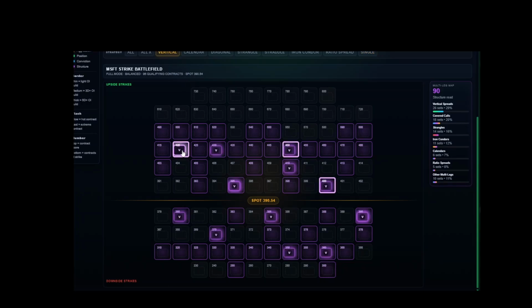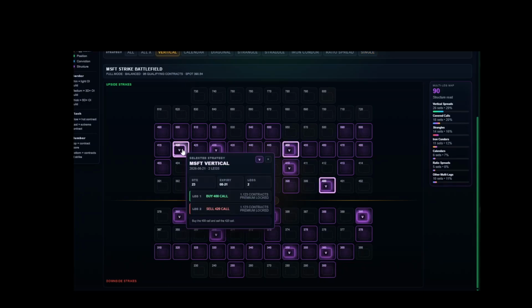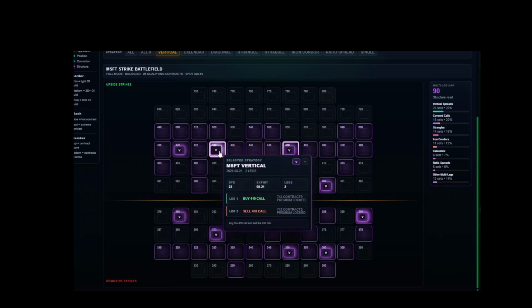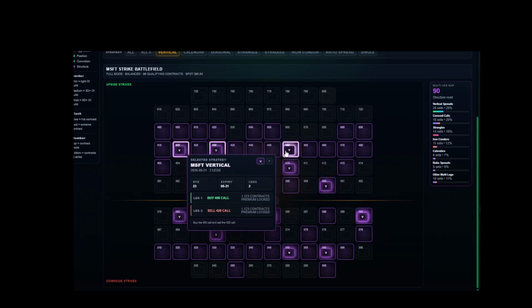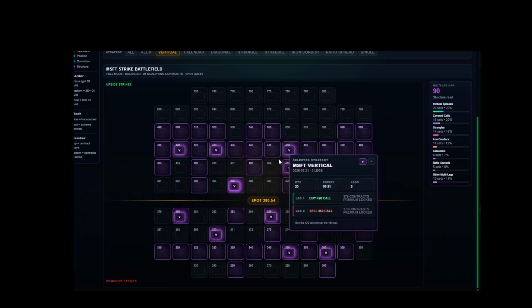Okay, let's look at the first position here. This one right here is a huge position and likely a directional bet, or it could be part of a bigger strategy, but I'm going to say this is directional for now. Let's continue. There's another one, and this one as well.